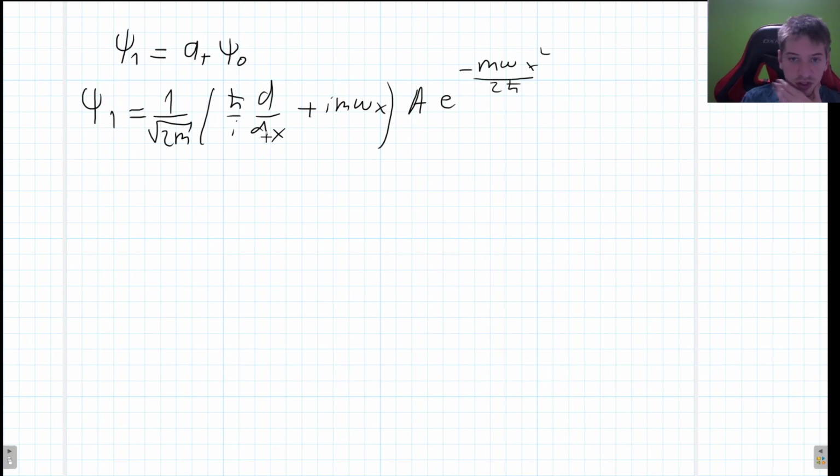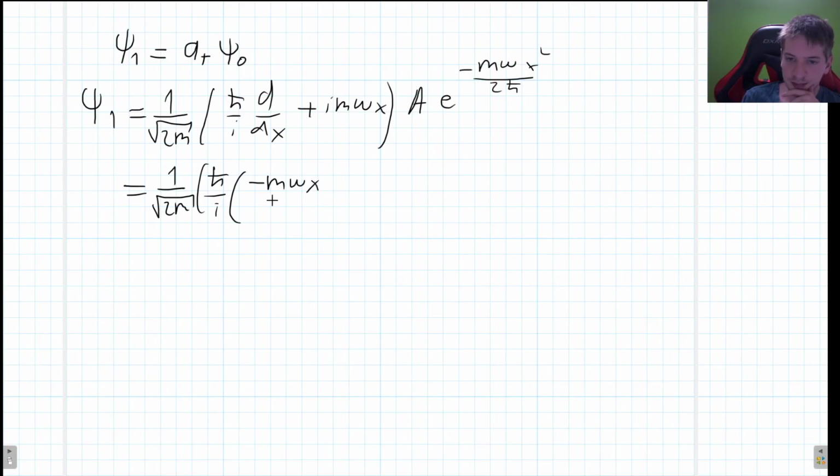So we have to just solve this, which is super easy. All we have to do is multiply here. Let's do this by parts. So h bar over i, and we take the derivative of this, so we get minus m omega x.